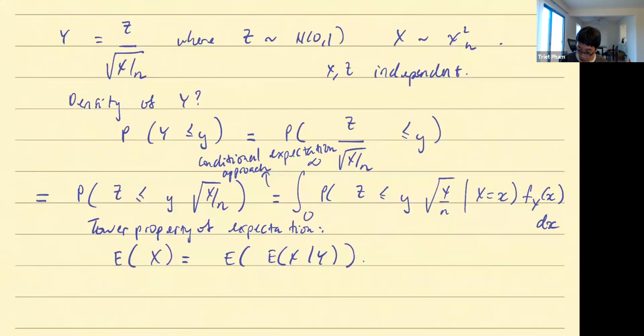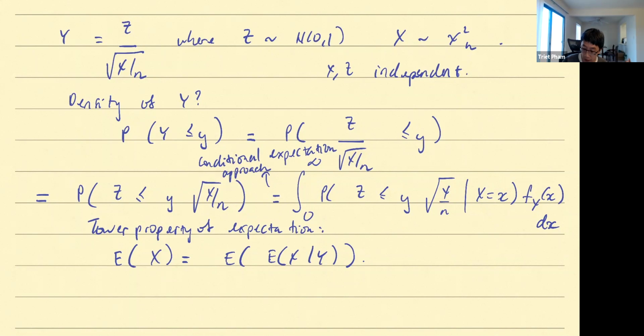So what do we do from here? Conditioning gives you several things. Because you condition on this equal to a value, you can replace this random variable, the big X, with a small x.